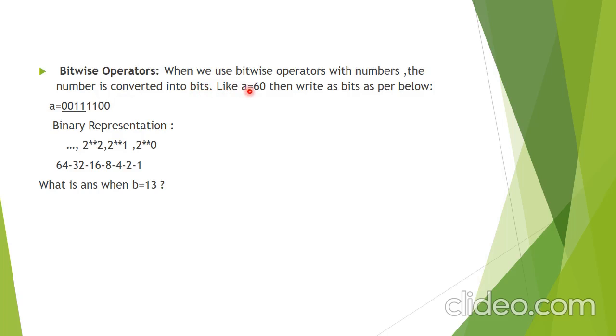For example, my number a equal to 60, in binary form is written as 00111100. Clear? In the same way, you need to find the value for b equal to 30.